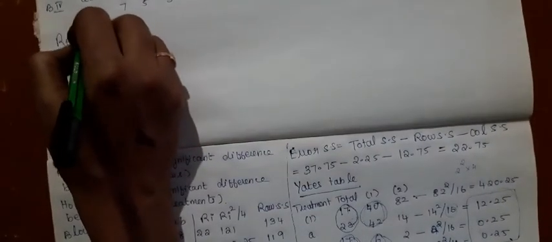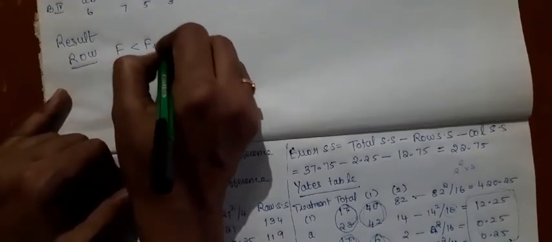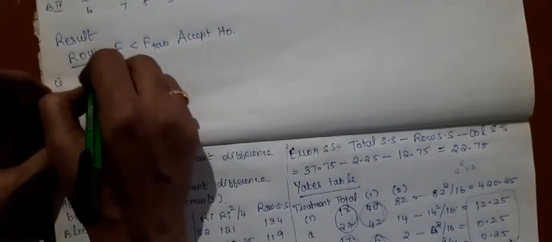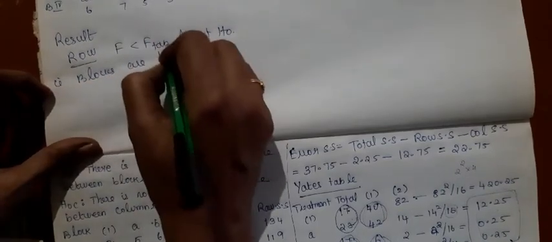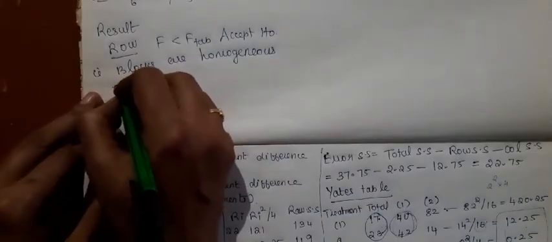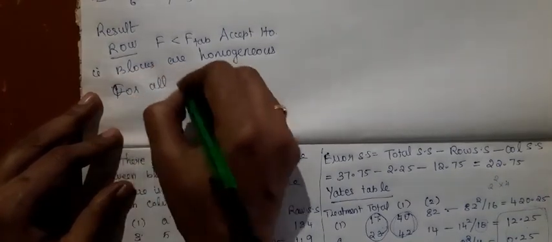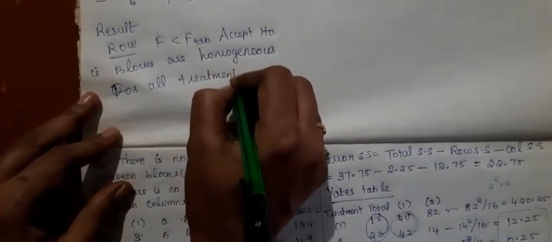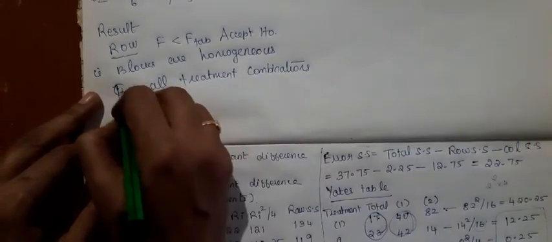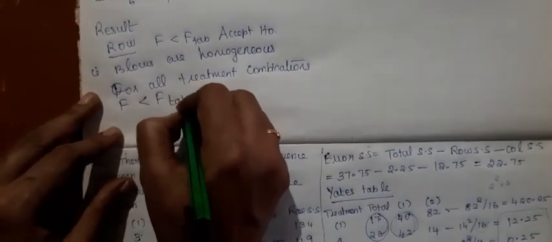Now let us write the result. For row, F value is less than F table value. So you are accepting H naught. That is, the blocks are homogeneous. There is no significant difference between blocks. And for columns, that is for all treatment combinations, A, B and AB, F value is less than F table value.